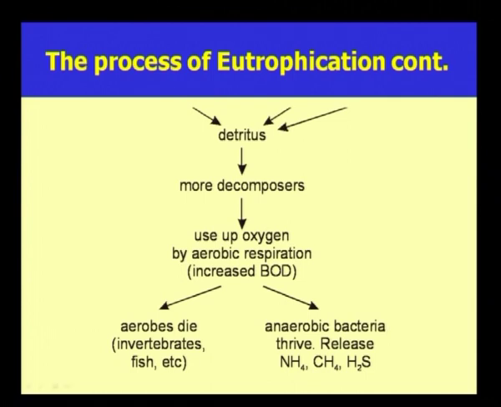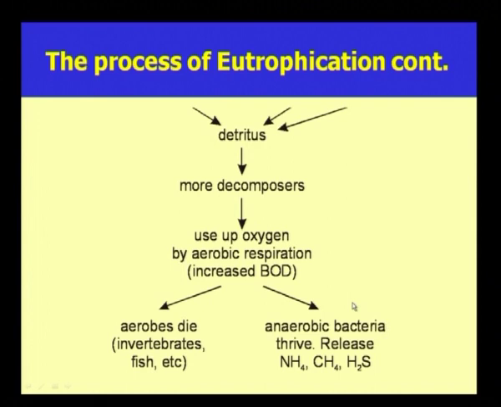And so what happens? The use of oxygen by aerobic respiration increases, and therefore, the amount of oxygen is decreasing, and all the aerobes die. That means the invertebrates, fish, etc., are dying, and the anaerobic condition is prevailing, and therefore, the bacteria thrive, and that releases a large amount of ammonia and hydrogen sulphide.